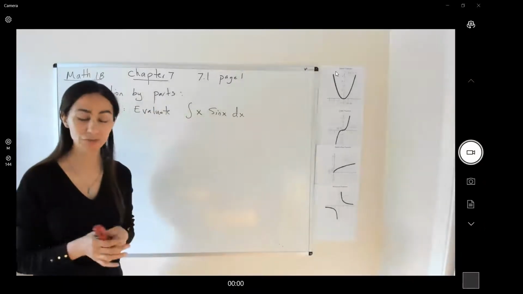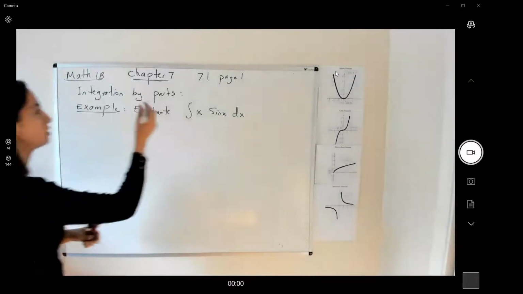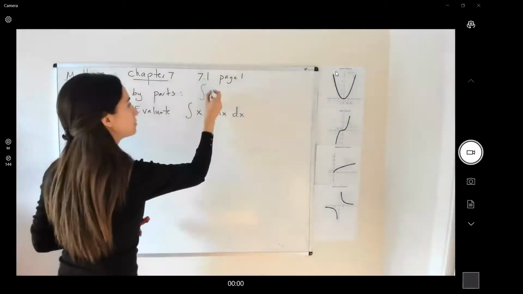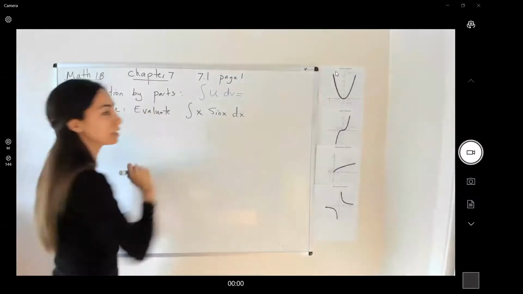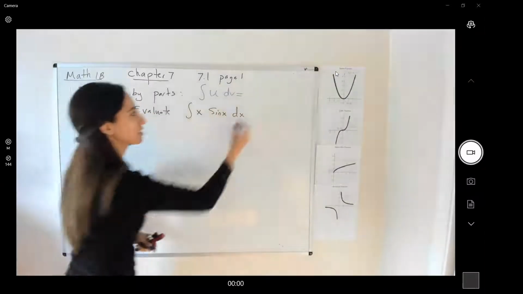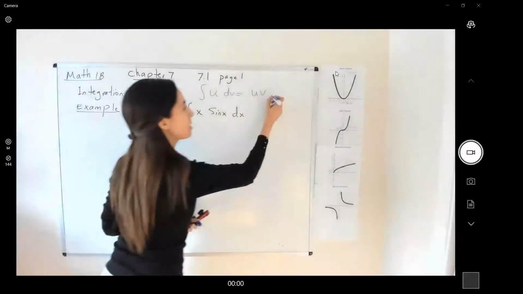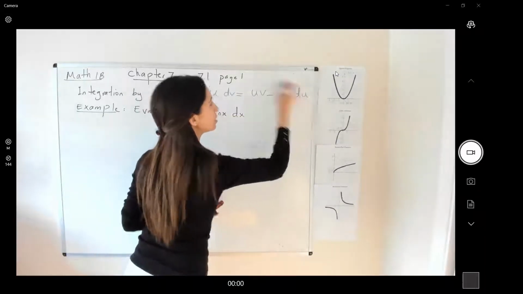So in general, we write it this way. The integral of u dv can be written as u times v minus the integral of v du.